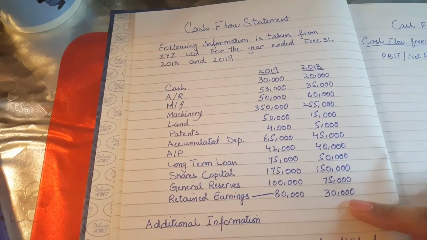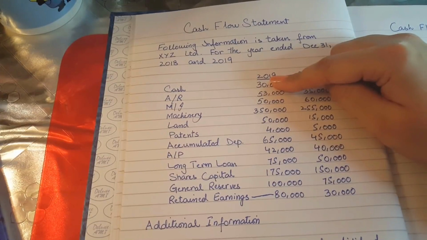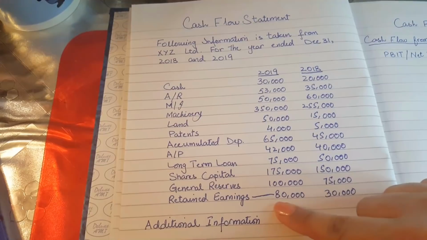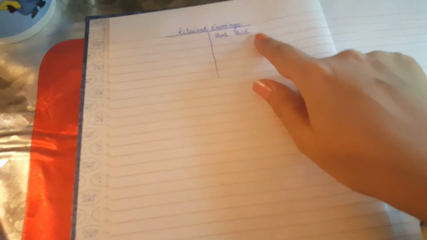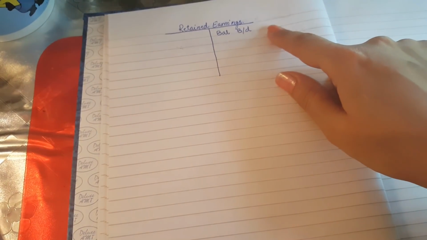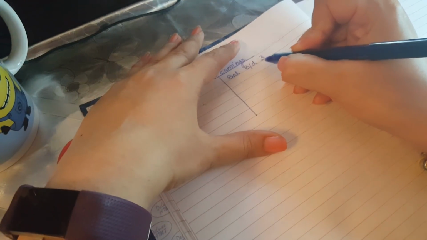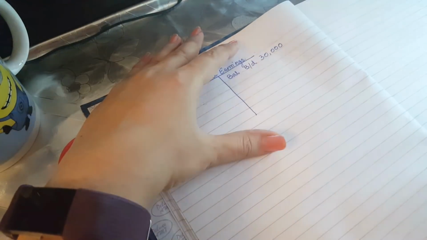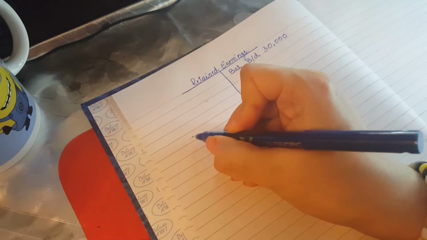So this 30,000 is the brought down balance for 2019, and the closing balance for 2019 is this 80,000. So our account starts with this opening balance figure of 30,000. So here we will write 30,000. So our opening balance for retained earnings is 30,000.